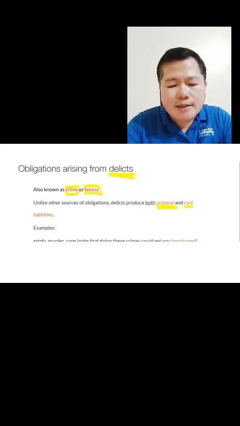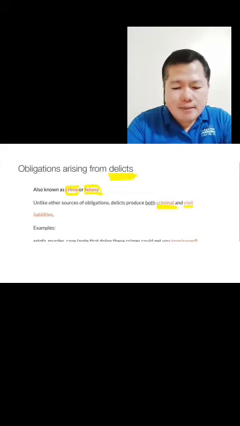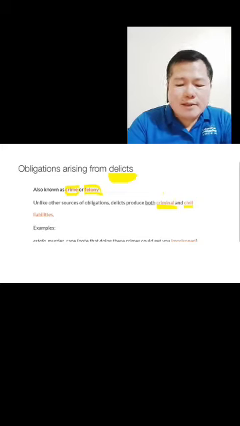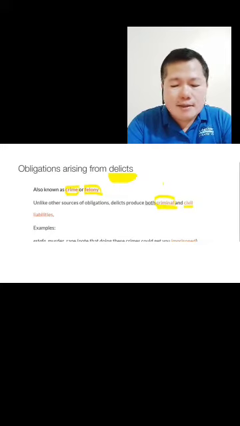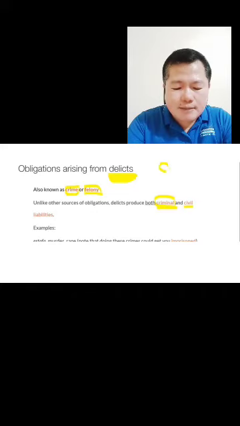So hindi po lahat ng obligation will result to imprisonment. The obligations arising from delict, if not fulfilled, pag hindi po magampanan, there is a tendency that you will get imprisoned. Here, this delict, specifically the criminal liability, will not be discussed thoroughly in obligations and contracts, because our obligations and contracts specifically refers only to civil liability.